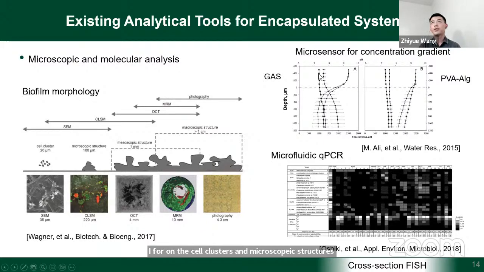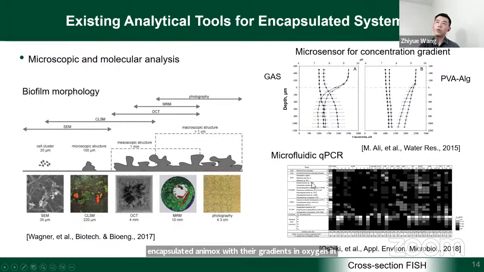There are also microsensor tools that we can use to track the concentration gradient. This is a publication from the Ishii group back in 2015, comparing granular activated sludge and encapsulated anammox with their gradients in oxygen, pH, ammonia, and nitrite.